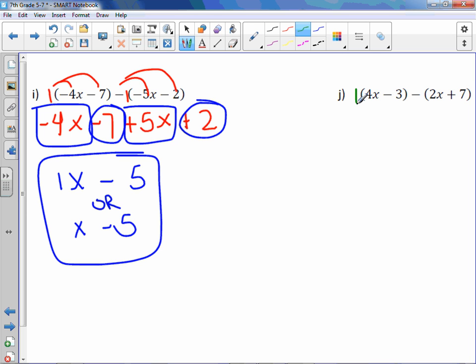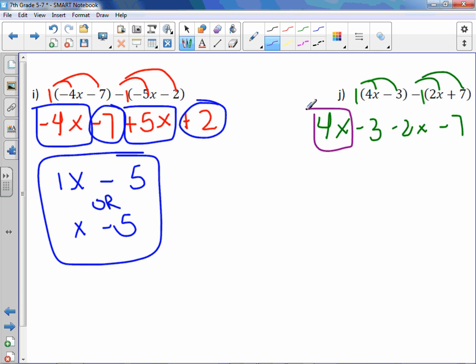Letter J, distribute 4x minus 3. Negative 1 times 2x is negative 2x. Negative 1 times 7 is negative 7. Like terms, 4x minus 2x is 2x. Negative 3 minus 7 is negative 10.